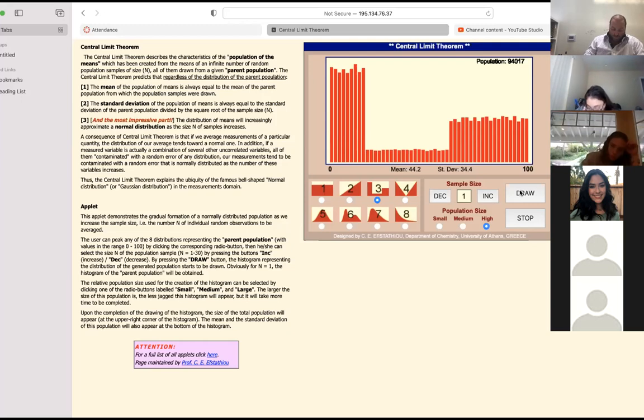Now, according to the theorem that I gave you, if I take a sample of size 2, what should be the new standard deviation and what should be the new mean?